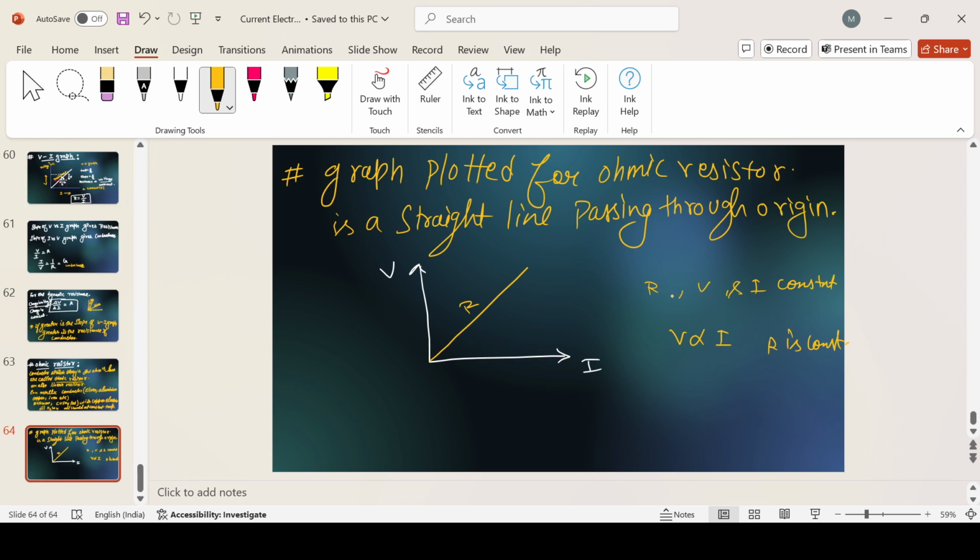That means whatever you are increasing for the voltage, the same will be increasing for the current, where R is the constant one. ठीक है? Got it, everyone? Yes, sir.